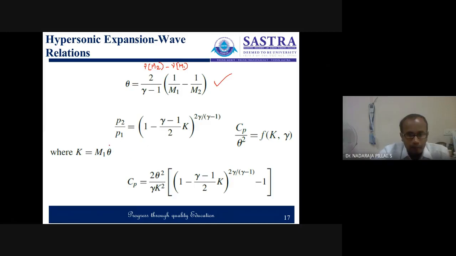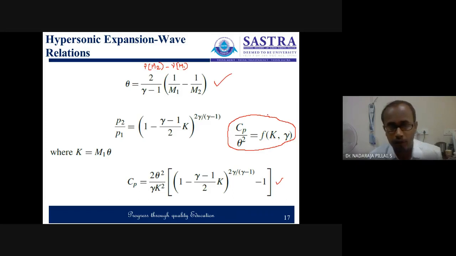Then we have substituted this in the basic equation of Cp, and we have the final expression for Cp. And finally, we found that Cp by theta squared is in terms of functions of the hypersonic similarity parameter K and gamma.